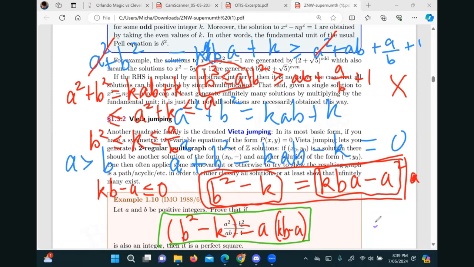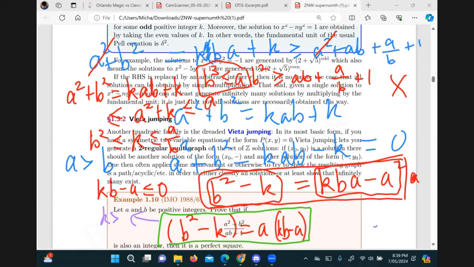Like the absolute value is less than K because it's B squared minus K. This has absolute value less than K. And we know K has equal or less absolute value than A. Well, K is less than or equal to A. So the absolute value of K is equal or less than A.